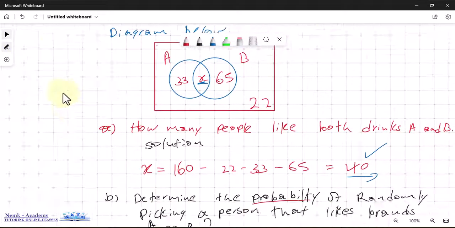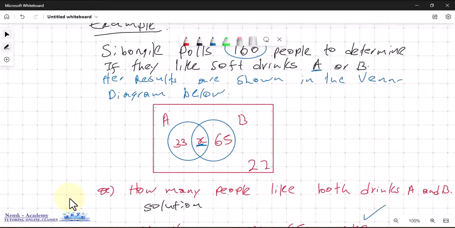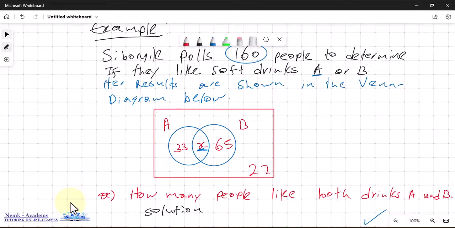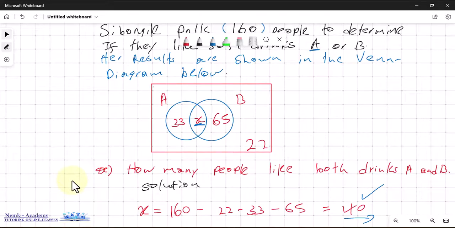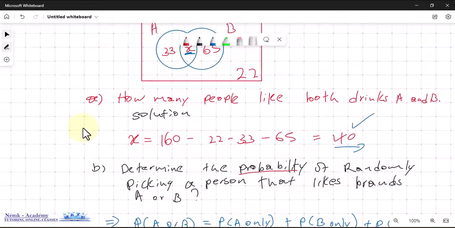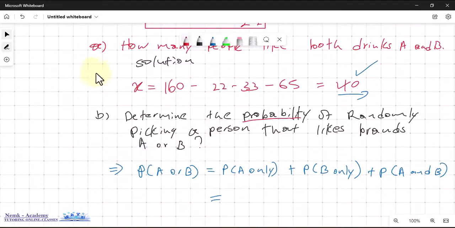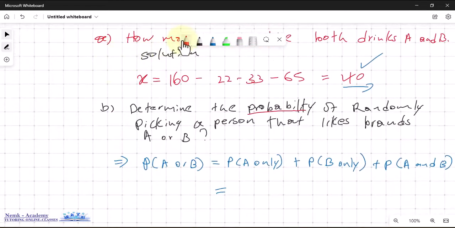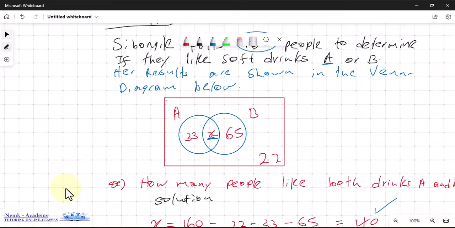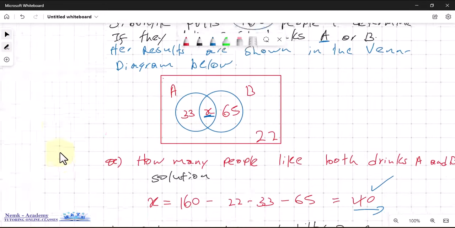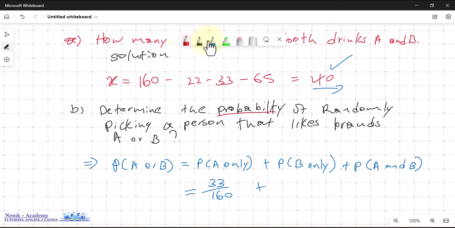We pick how many like A only. Those who like A only, how many are they? Over what? 160. So let's go. It's 33 over 160 plus B only, 65 over what? 160, plus what?